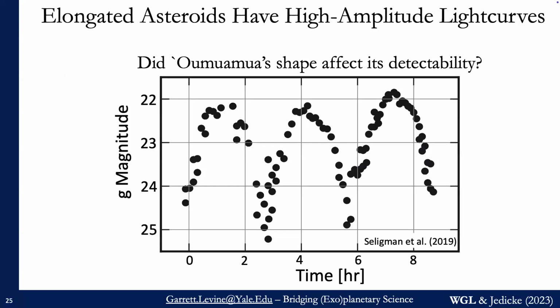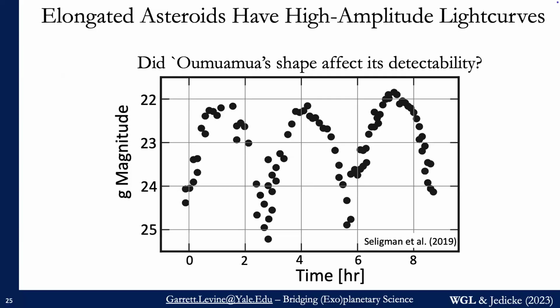So the key insight here is that aspherical asteroids have high amplitude light curves. So this means, for example, that Oumuamua's magnitude varied by about 3 magnitudes over the course of just a few hours. This light curve here comes from a dense follow-up where they were sitting on Oumuamua and observing it over several hours.